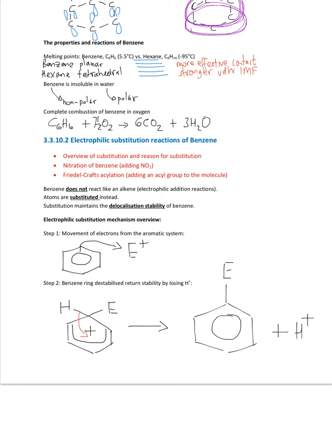Remember, it's C6H6. So this H here, the bond breaks so that the delocalization stability returns, and it releases this H+. So what I'm going to show you now is how this reaction takes place with the nitration of benzene and the Friedel-Crafts acylation.